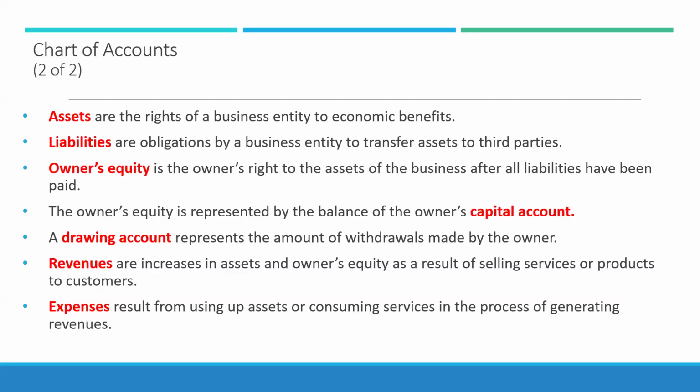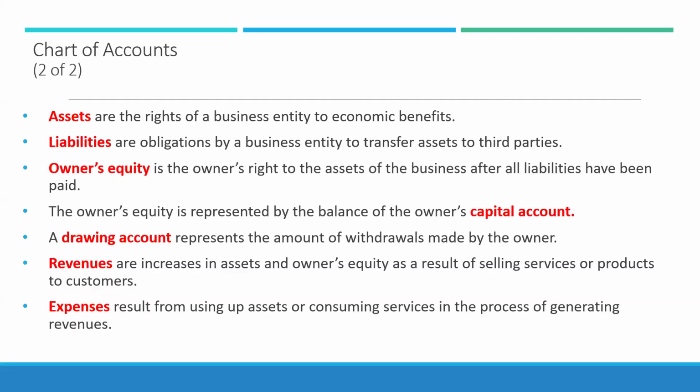Revenues are increases in assets and owner's equity because we're selling goods and services. Now, the reason it's an increase in an asset and owner's equity: when you come here and pay for school, you either give them cash to pay for school, or you say, my student loans are going to come through.